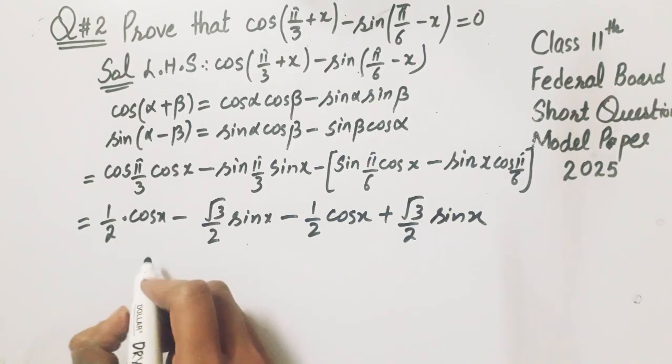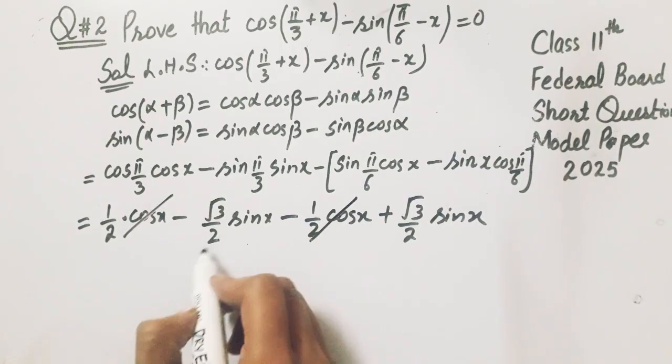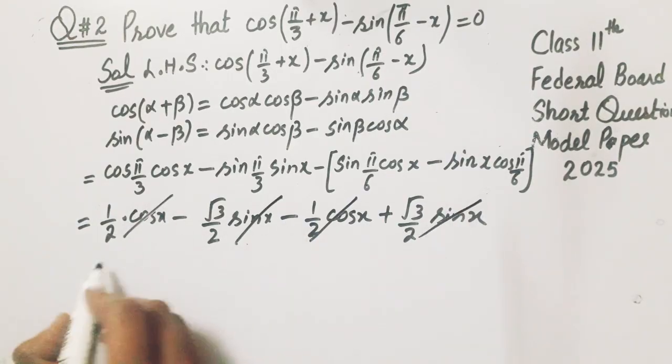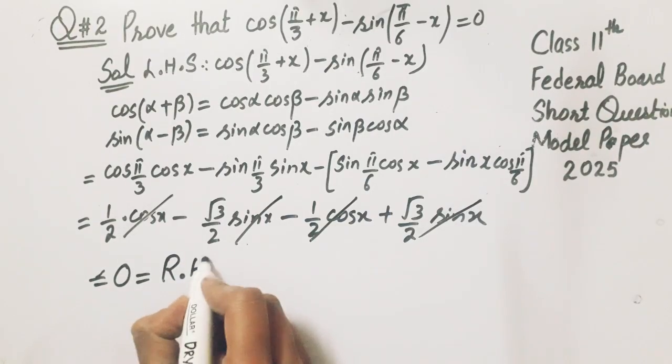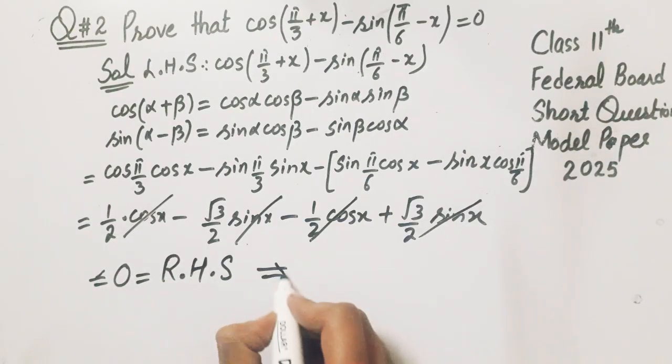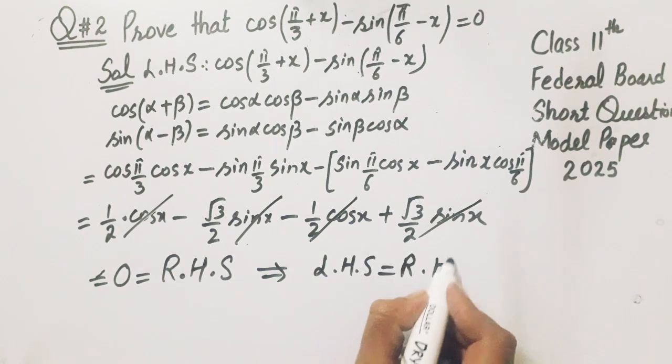Now all the terms can be cancelled out, 1 by 2 cos x and minus 1 by 2, minus 3 by 2 sin x and plus 3 by 2. So this is equal to 0, which is equal to the right hand side. Hence we prove that left hand side is equal to the right hand side.